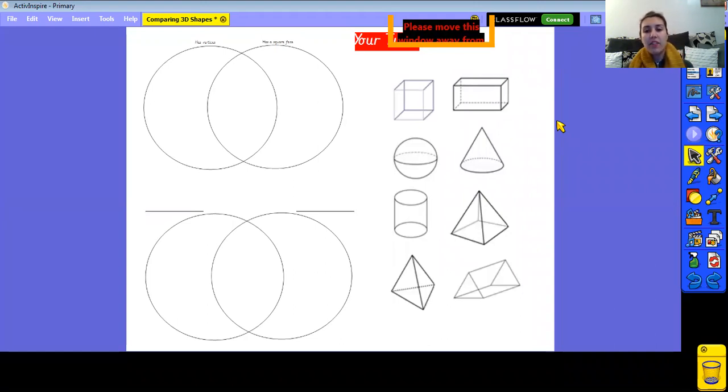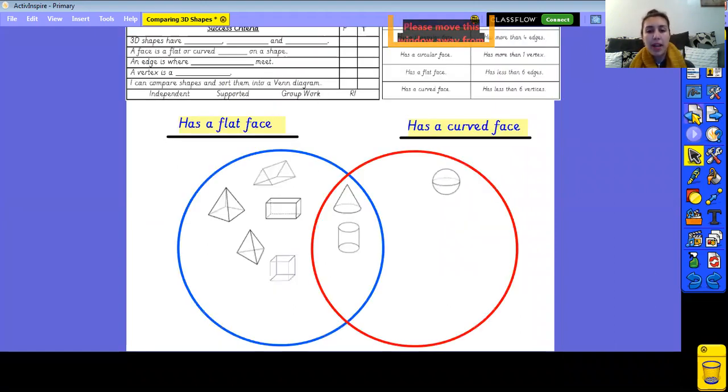Or if you've got a printout version, maybe you want to cut the shapes out and put them where they belong. Now, just a reminder, because there wasn't an example of this here, if there was a shape that did not fit into any of my categories at all, where do you think it would need to go? That's right, well done if you said it needs to go outside of my circle.